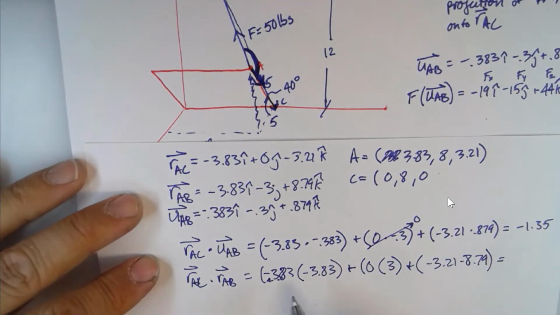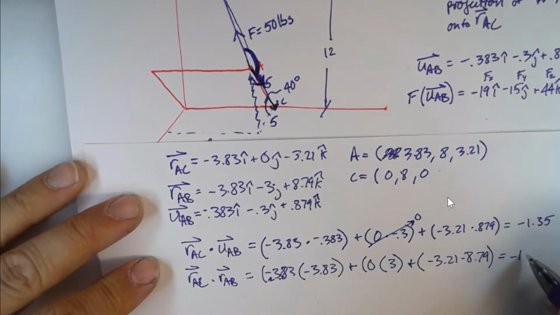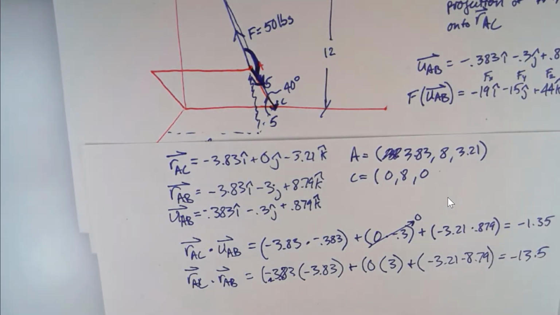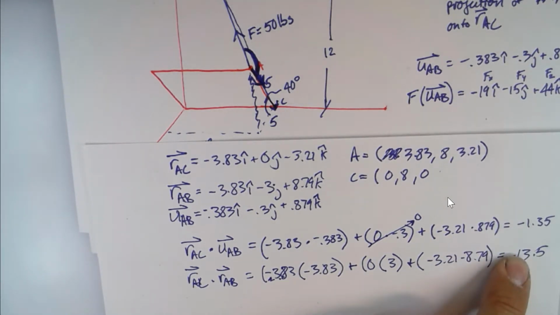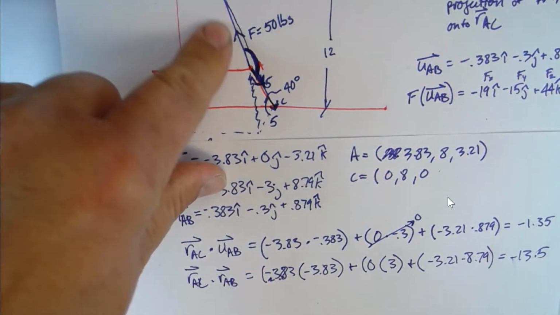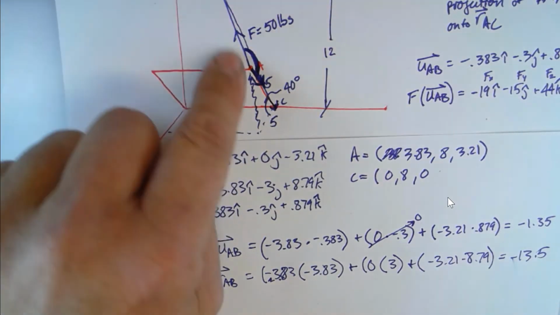That's going to be 14-ish plus 26-ish, so around 40. Because that one's positive, right? Okay. Negative 13.5, right? The difference here is a factor of 10, which is the magnitude of this guy, right? So it's saying it's 10 times the length onto that guy.